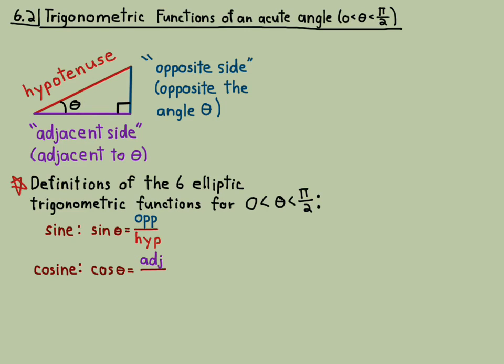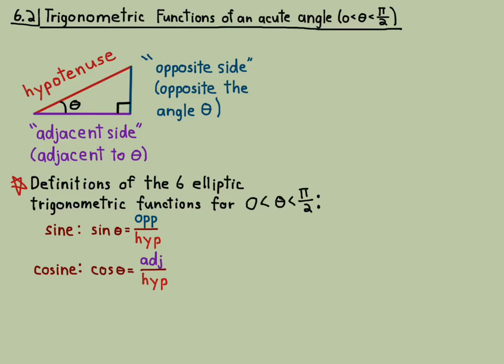So cosine, written out as C-O-S-I-N-E, shorthand is cos. Cosine of theta is the adjacent side over the hypotenuse. What we really mean there is the length of the adjacent side over the length of the hypotenuse.